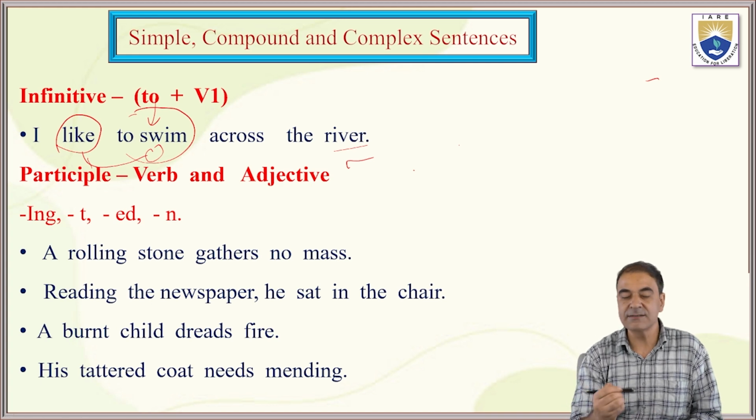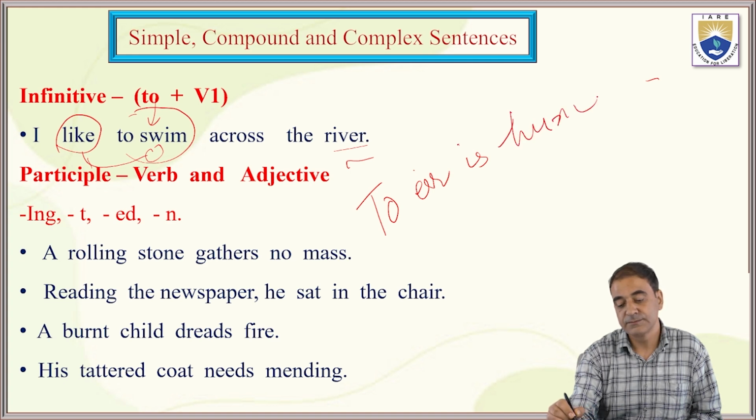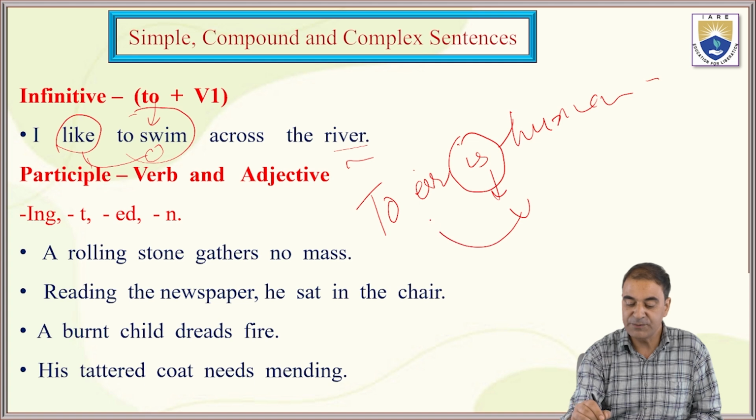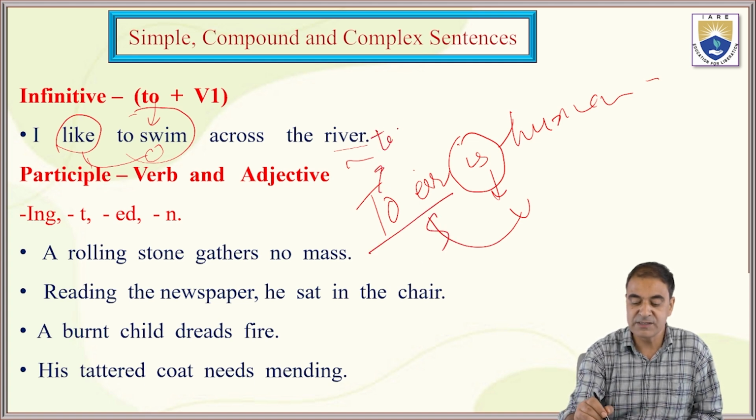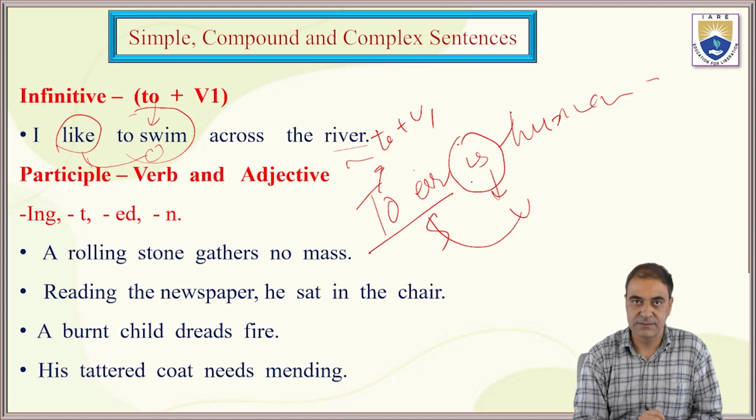But sometimes it acts as a subject of the main verb, like here, to err is human. Now here, this is the main verb. And its subject is to err. And what's this to err? It's to plus err, verb in first form. Therefore, in this sentence, this infinitive to err acts as subject of the main verb is.